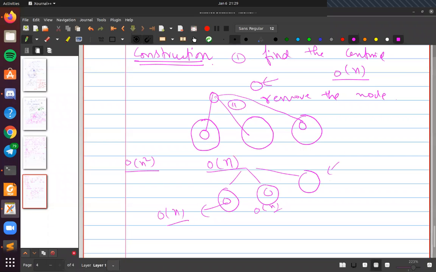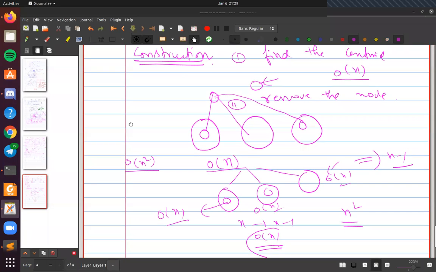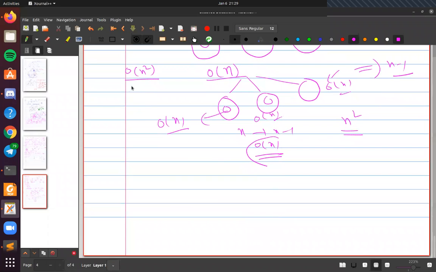At max they can have n minus 1 elements. So from n to n minus 1 you have O of n step complexity, so overall you can have n square. I proved why it looks n square: you are having n minus 1 steps, and at every step you are using O of n time to find the centroid.